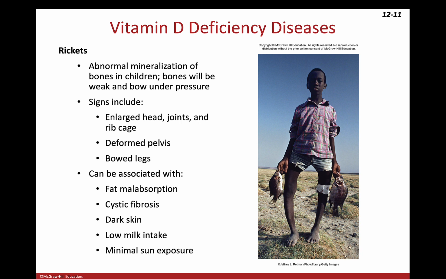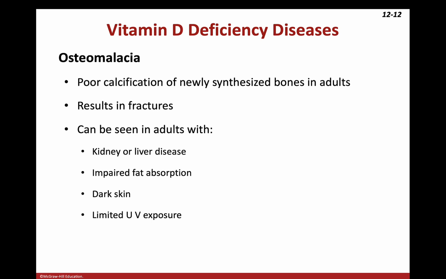Things that can be associated with it are fat malabsorption, cystic fibrosis, dark skin, low milk intake, and also minimal exposure to sunlight. Another deficiency disease is osteomalacia, which is a poor calcification of newly synthesized bones in adults. This results in bones that fracture easily. This might be seen in adults with kidney or liver disease, a problem with absorbing fat, dark skin, or limited exposure to ultraviolet light.